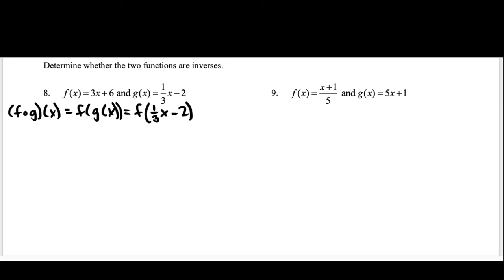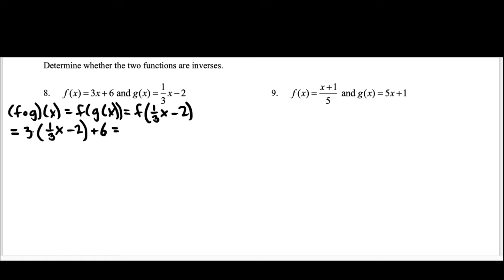In the function f, the x has to get replaced with 1/3 x minus 2. So that is going to be 3 times 1/3 x minus 2, plus 6.